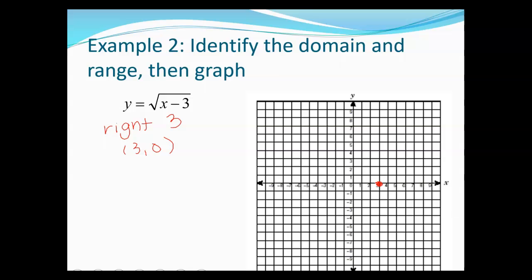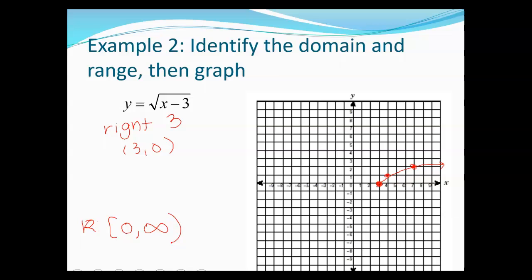So it'll be the point 3, 0, 4, 1, 7, 2, and so on and so forth. Because my graph did not move up and down, what is my range? Y is greater than or equal to 0.